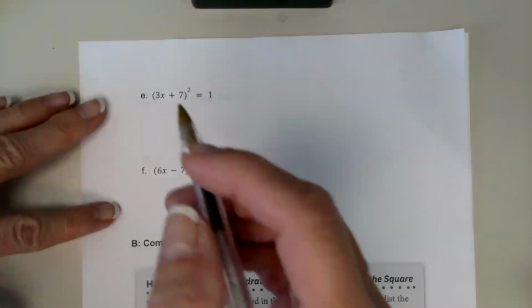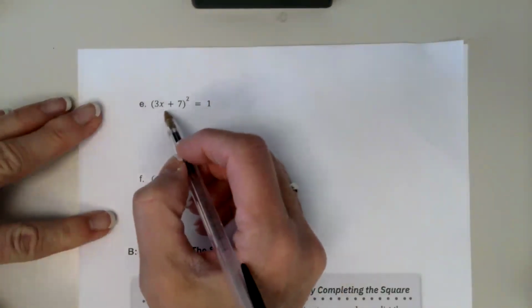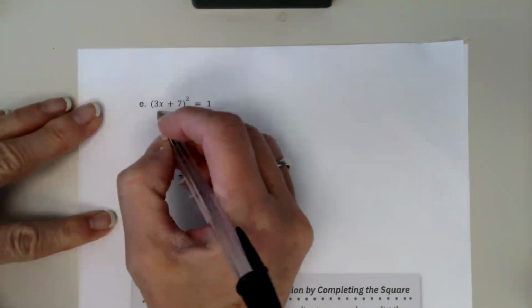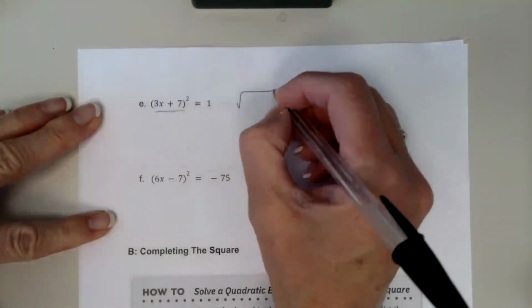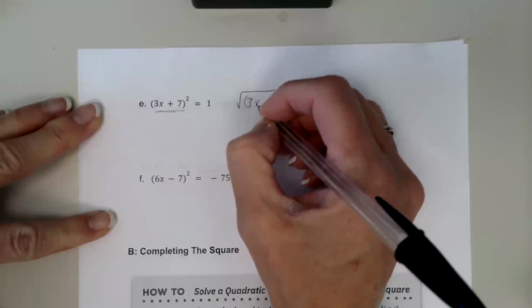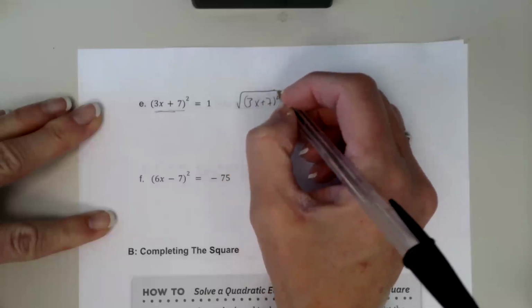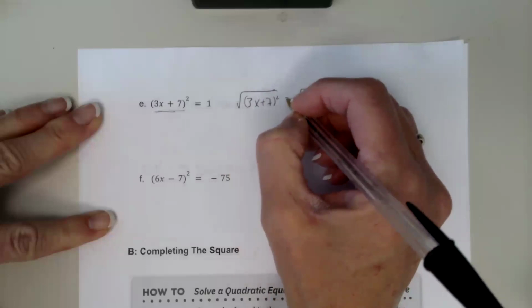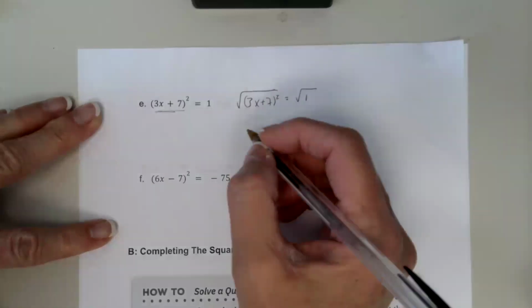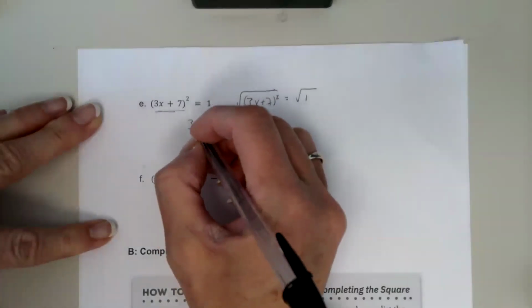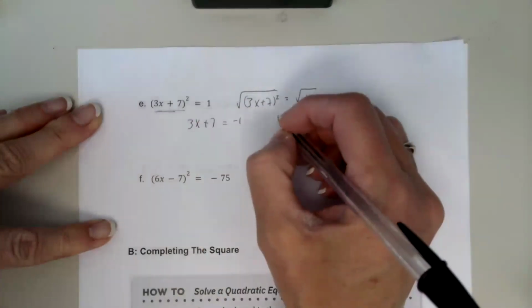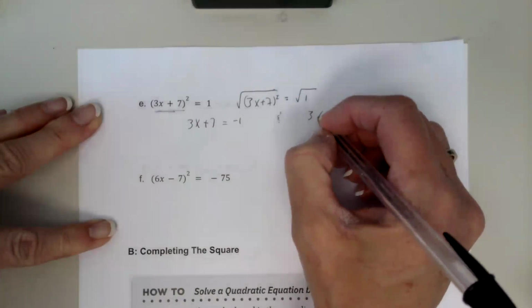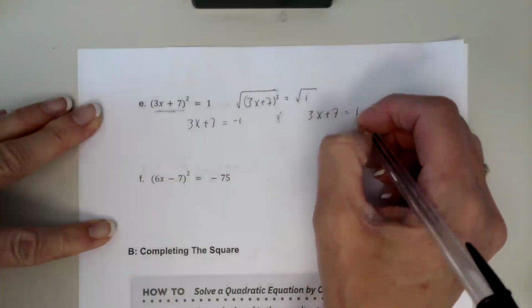Letter E. I have a thing squared. So to get at the inside of this thing, this 3x plus 7, I'm going to square root both sides. So if I take the square root of this side and the square root of this side, then I have 3x plus 7 equals a negative 1, and 3x plus 7 equals a positive 1.